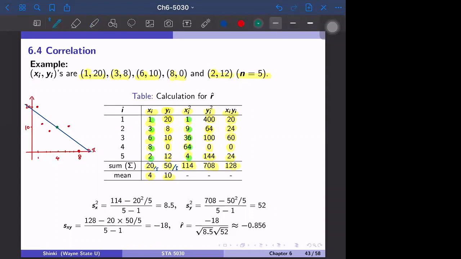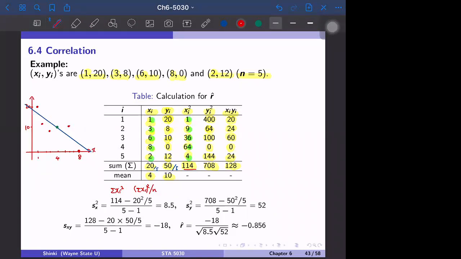Then s sub x square is equal to the summation of xi square, which is 114 here, minus the square of the summation of xi divided by n. Here n is 5 and the summation of xi is 20, so 20 square.